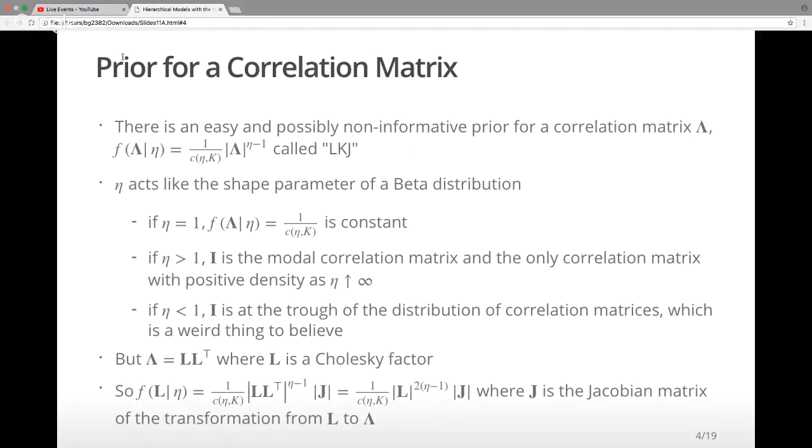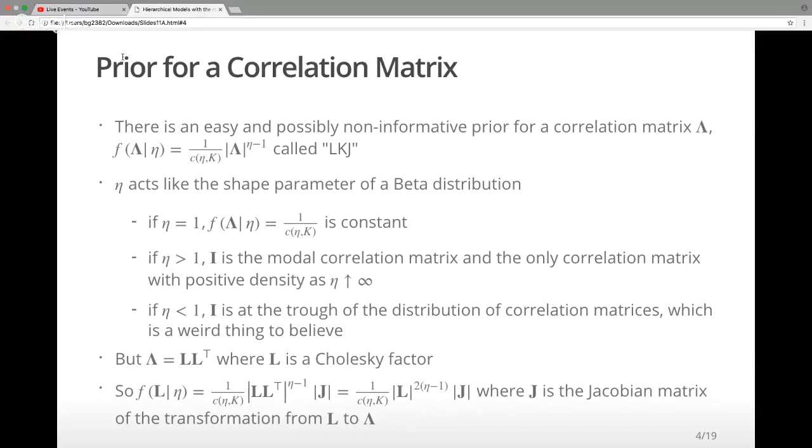So that's good. If eta is greater than 1, then I is the modal correlation matrix, the correlation matrix with the most density. And it's the only correlation matrix that has any positive density as you let eta go to infinity.